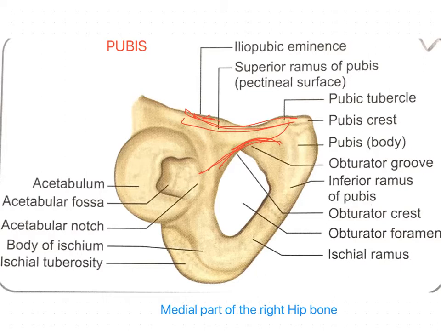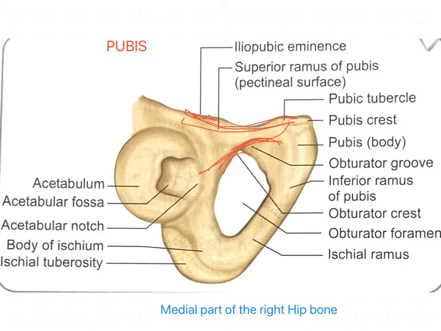Next, the inferior border is sharp and forms the upper margin of the obturator foramen.